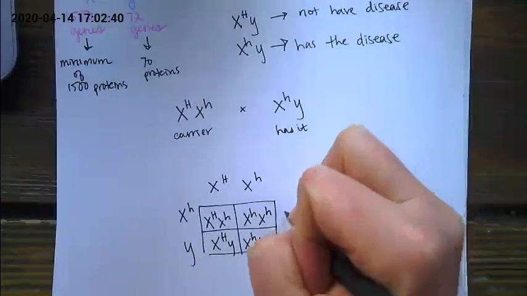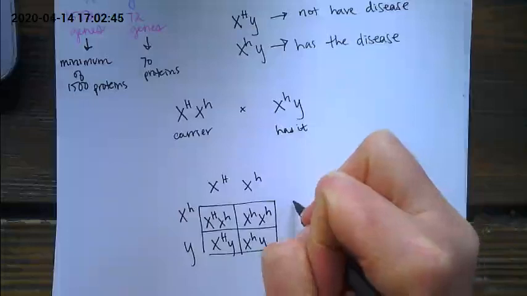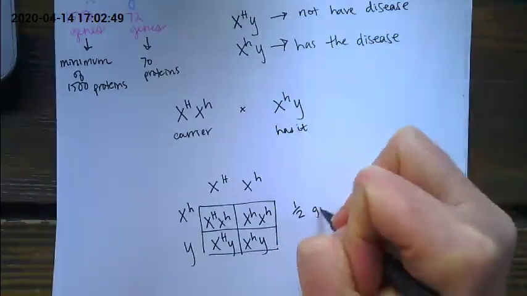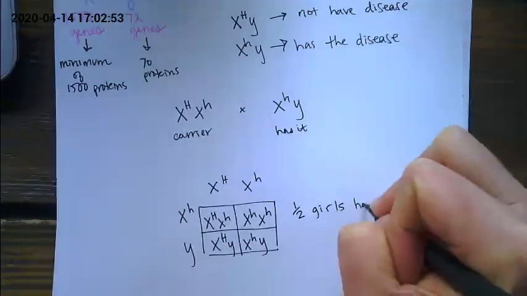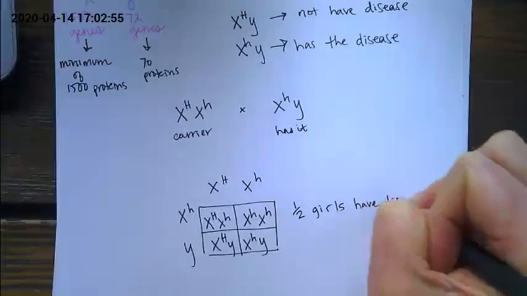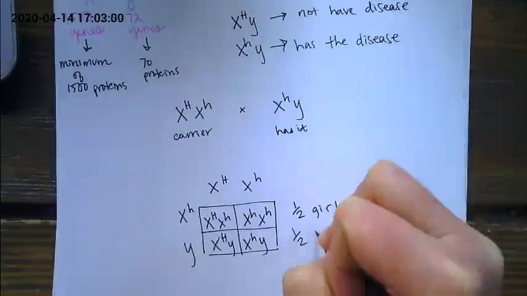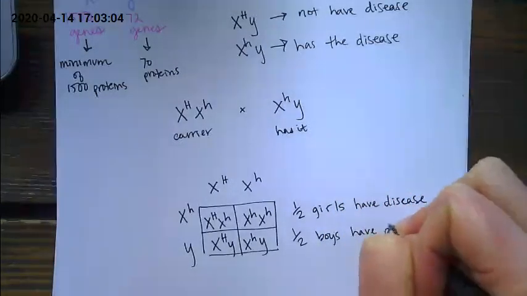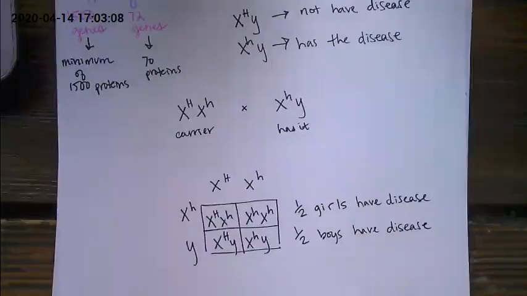So of the girls, one of two girls will have the disease, or 50% of the girls will have the disease, and 1 of 2 boys will have the disease.